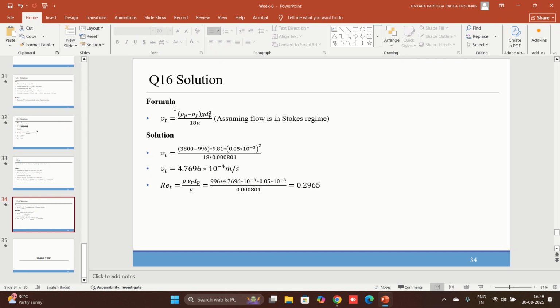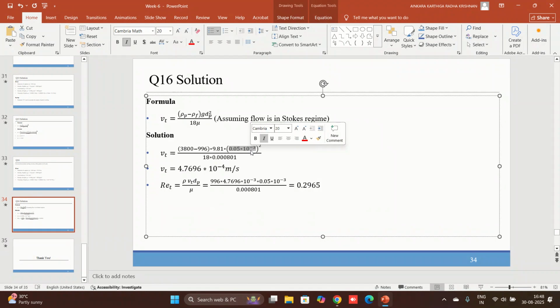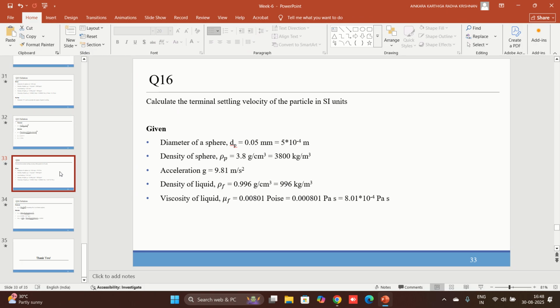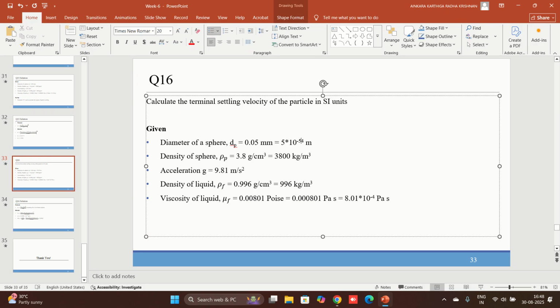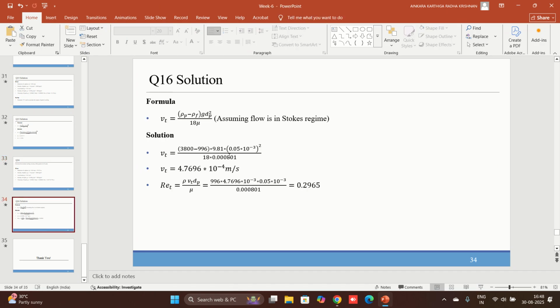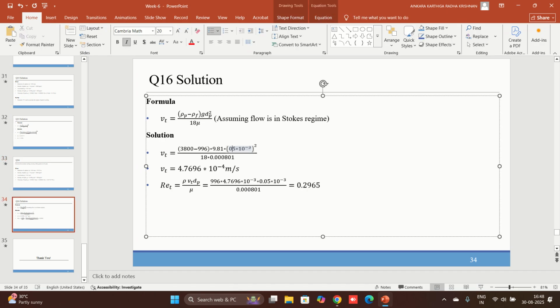So V_t is equal to (3800 minus 996) into 9.81 into d_p square. d_p is 5 into 10 power minus 5, it is minus 5, not minus 3. So it is (5 into 10 power minus 5) whole square, divided by 18 into 8.01 into 10 power minus 4.